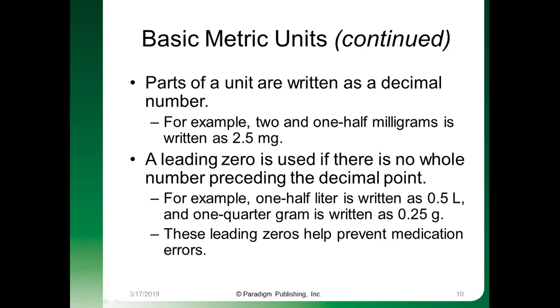These leading zeros help prevent medication errors. Why? Because if you were not to put that zero in front of the decimal, and you just put .25 grams, it can be misread as 25 grams, and that could give the patient too much of a dose than the patient really needs. So that's why those leading zeros are very important.